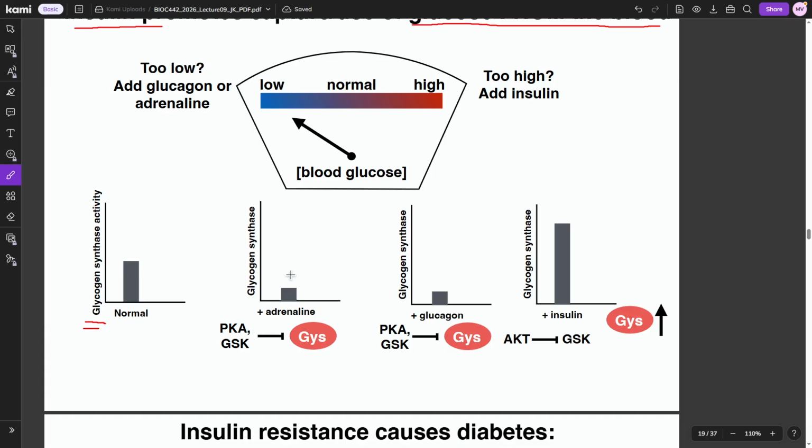So you'd have lower glycogen synthase activity, which is what we see. For glucagon, it's the exact same thing, right? Glucagon is also going to be the PKA GSK pathway, so it's going to inhibit it and decrease the levels. And then glycogen synthase, in the presence of insulin, is going to go through the protein kinase B pathway, which inhibits glycogen synthase kinase, remember, inhibits the inhibitor, which leads to higher activity of glycogen synthase.